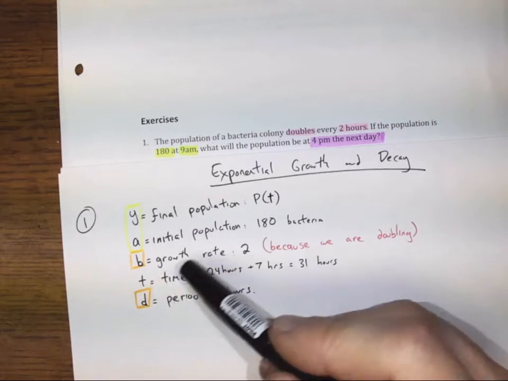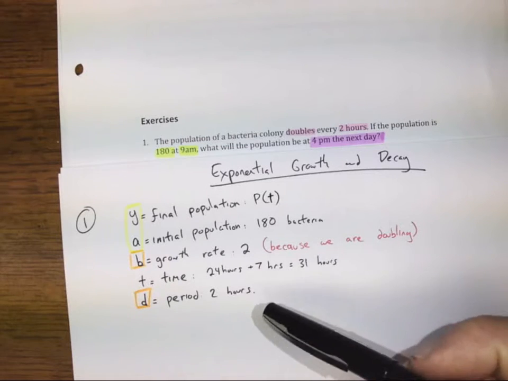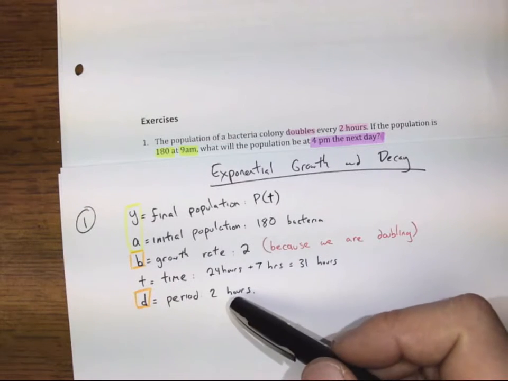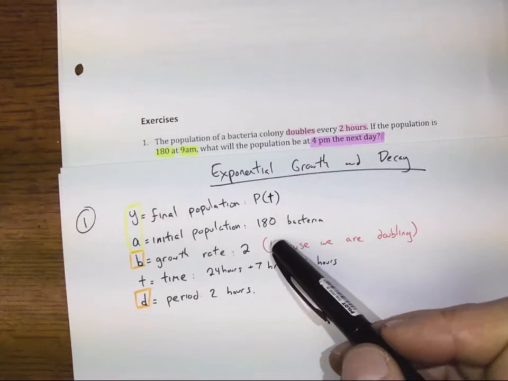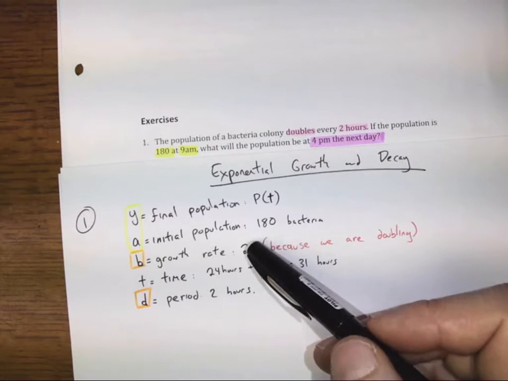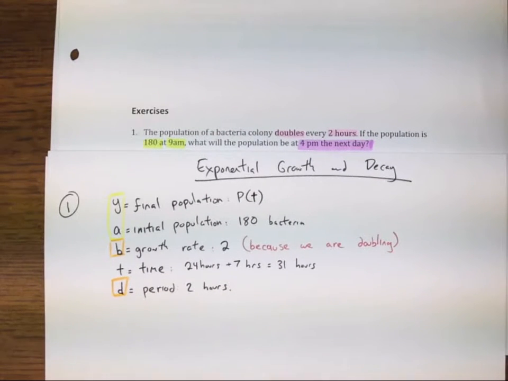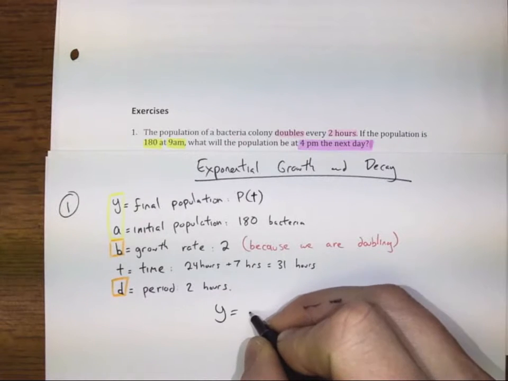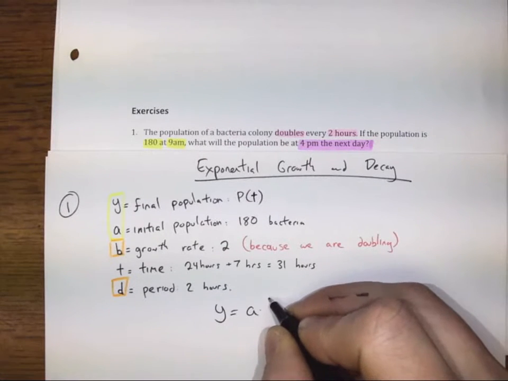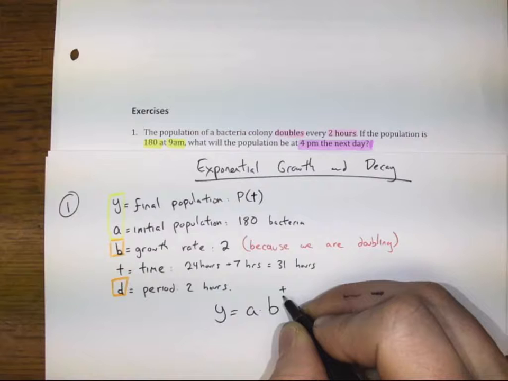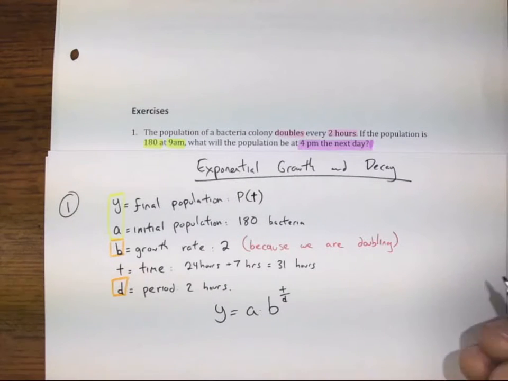They're always referring to the same value. So growth rate is about doubling, and this is about how long it takes to double. Of course, they're all related. Okay, and then we have this general formula. Y is equal to A times B to the power of t over D.